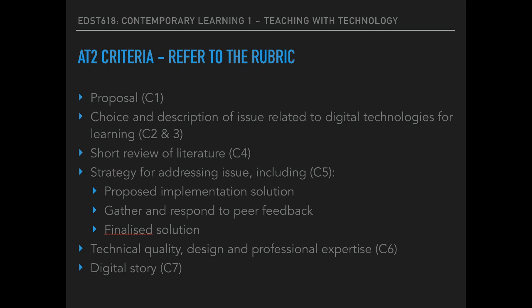Then you want to put forward a short literature review. This literature review will refer to the issue that you've identified, and you're looking to see if there's any contemporary writing out there that addresses this particular issue. Bear in mind you've got 2,750 words, so it doesn't need to be an extensive one.